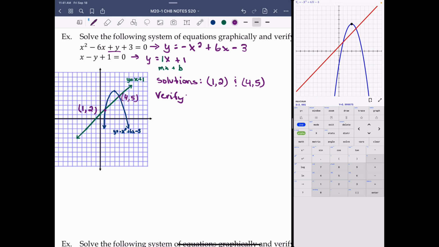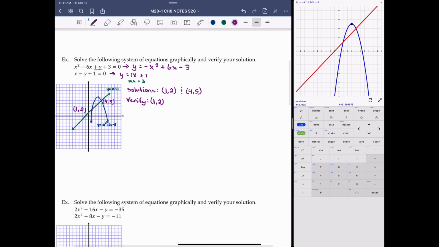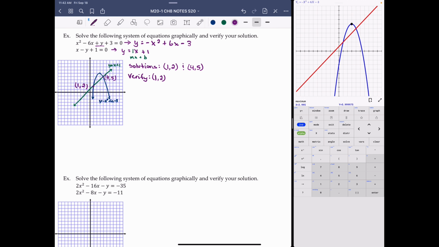I'm going to start with the point 1, 2, and plug it into my equations. I'll start with the first one, y equals negative x squared plus 6x minus 3. I can get rid of this for the moment.